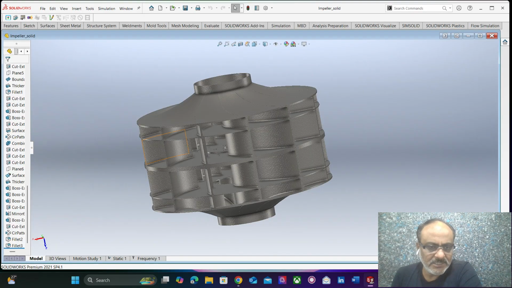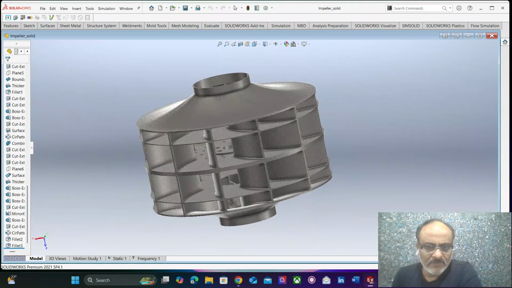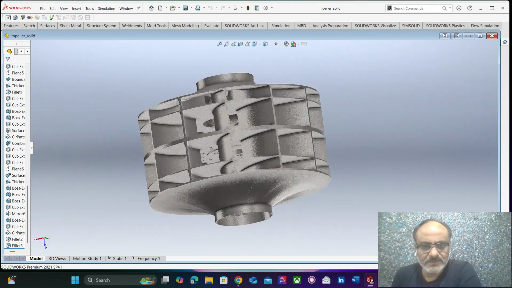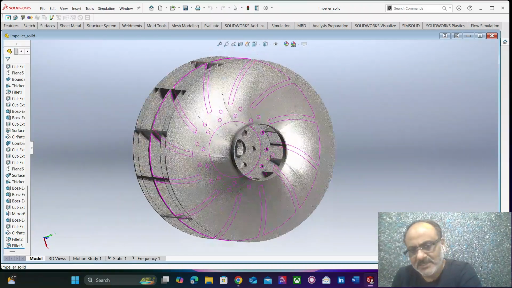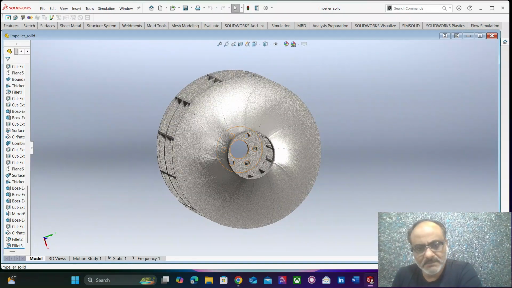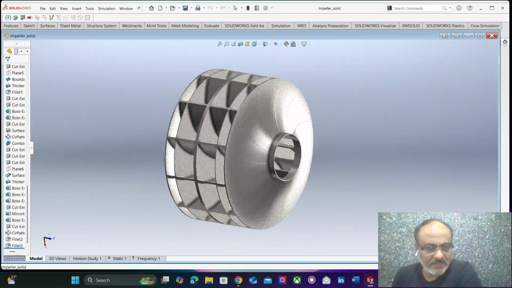Here, these plates are all MS mild steel plates, which are properly stacked and then welded. The structure was subjected to a rotational velocity of about 800 rpm for the first study.